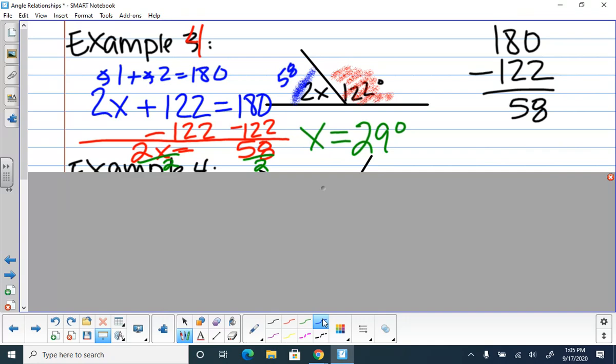And I know 58 is 2x. So I divide 58 by the 2 to figure out what x is. So that's another visual way to do it if you forget how to solve two-step equations. Cancel what number is there, and then divide by whatever's with it. All right? What questions do you have for me?